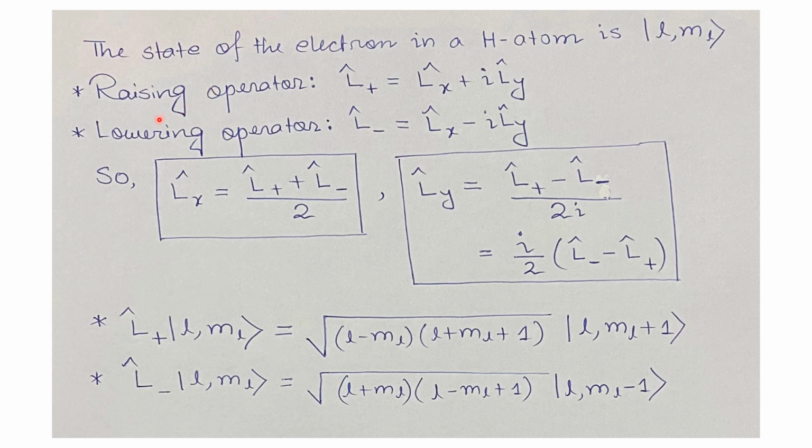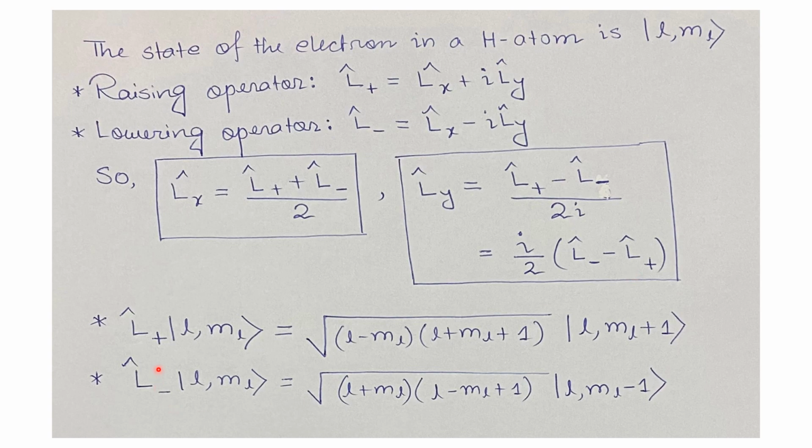Now we define the raising operator as L+ cap equals Lx cap plus i Ly cap, and the lowering operator is L- cap equals Lx cap minus i Ly cap. In terms of these raising and lowering operators, we can represent our Lx cap and Ly cap. So Lx cap will be (L+ cap plus L- cap) divided by 2, and Ly cap is (L+ cap minus L- cap) divided by 2i, so it will be i by 2 times (L- cap minus L+ cap).